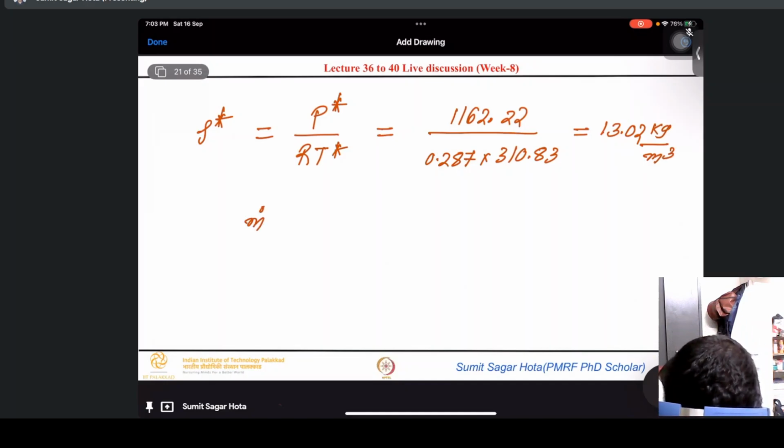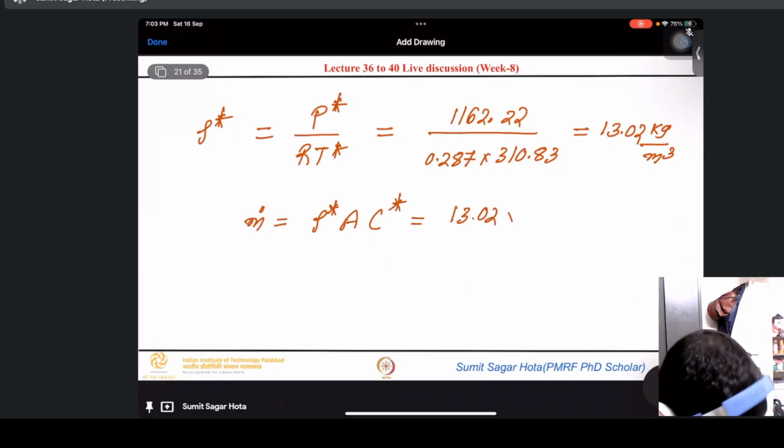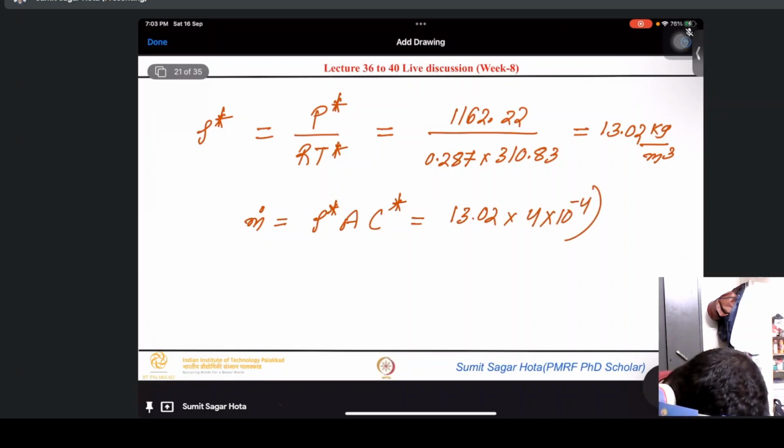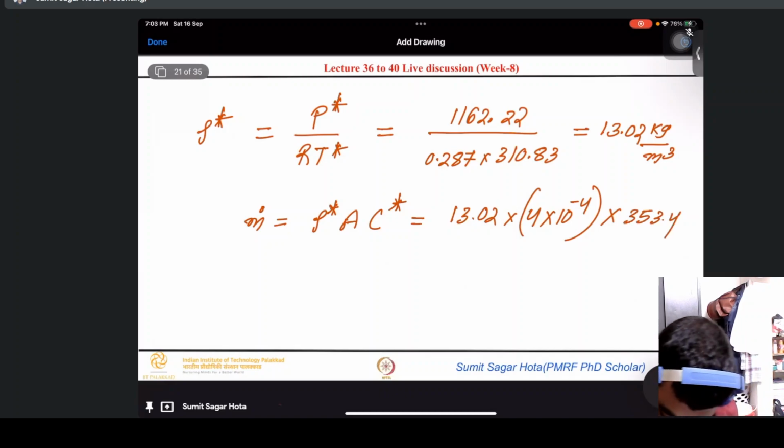Find m dot, which is rho star A C star: 13.02, area 4 centimeter square is given so 4 into 10 to the power minus 4, into 353.4, your sonic velocity.